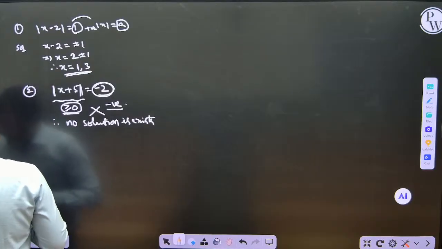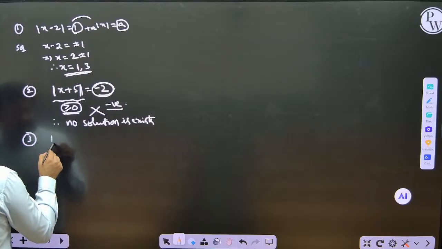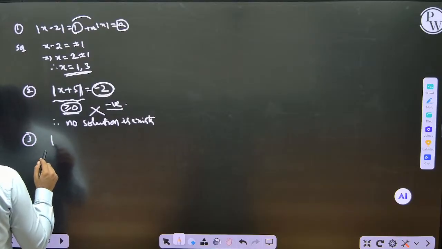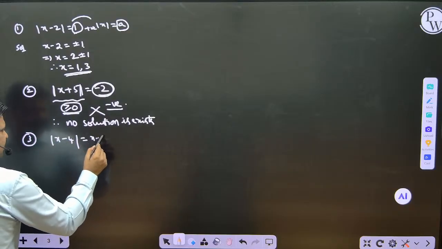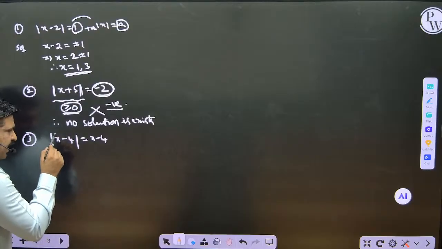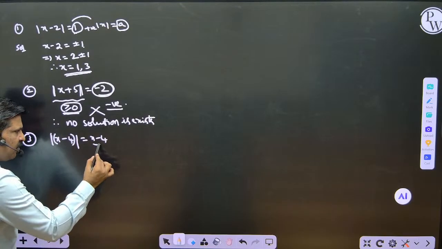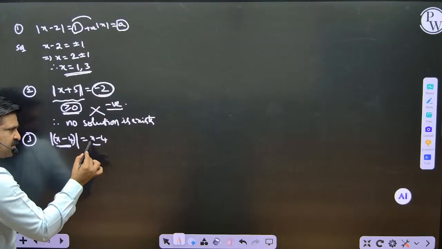Now coming to the third question, what is given to you? Modulus of x minus 4 is equal to x minus 4. Inside the modulus you have x minus 4, and here also you have x minus 4.